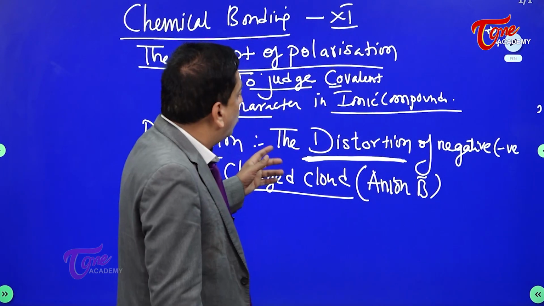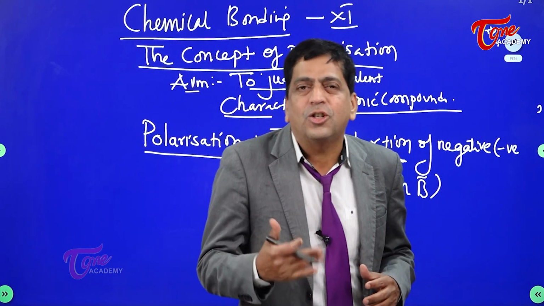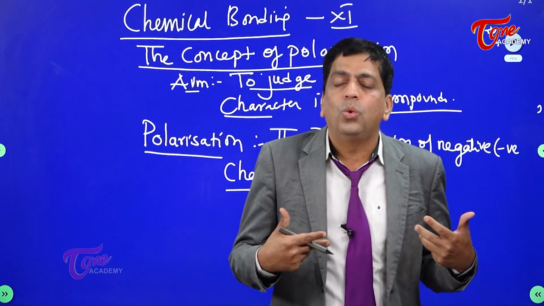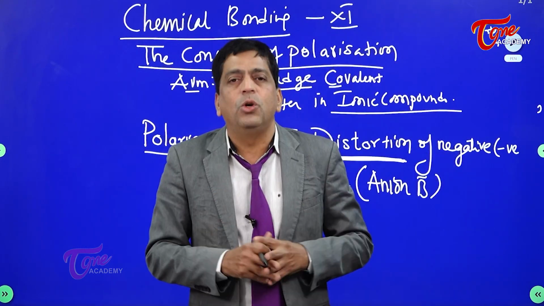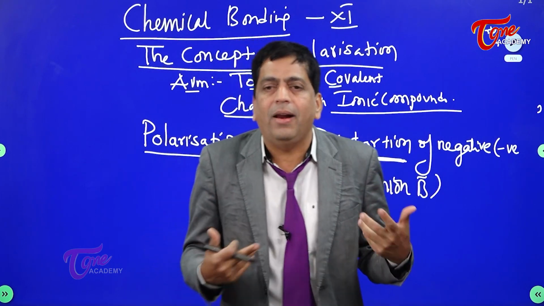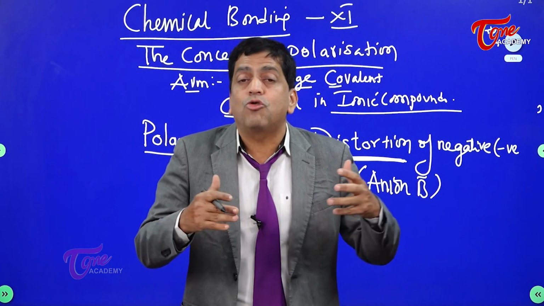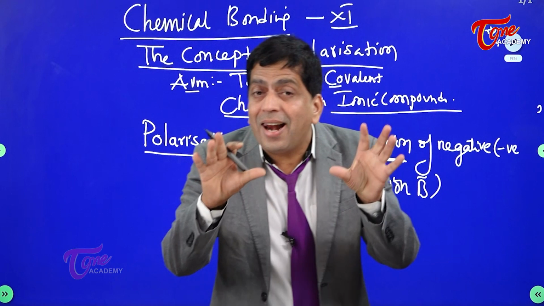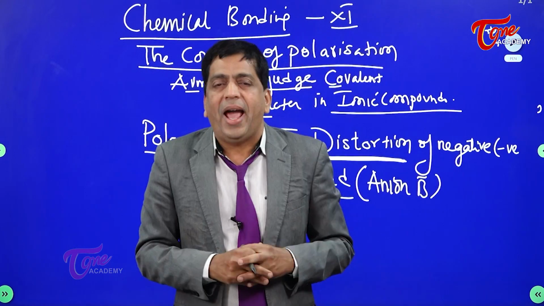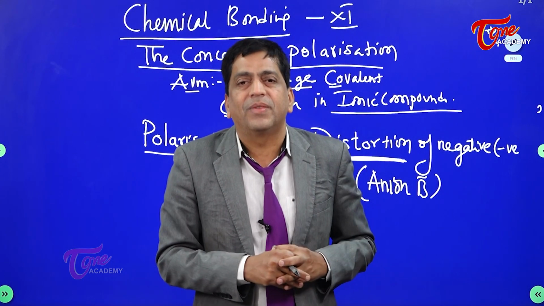That's the distortion of a negative charge cloud. Well, look into what I'm writing, negative charge cloud. So I view, and you should be viewing after this class, you must be dreaming after my lecturing, that a negative charge cloud, an electron-rich substance which develops a negative charge, is like a cloud. Remember that. When I use the word cloud, two things come into my mind.